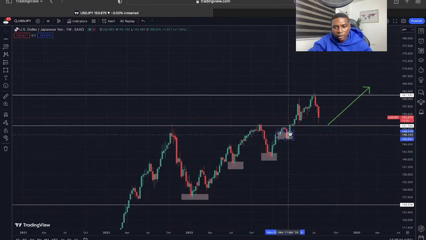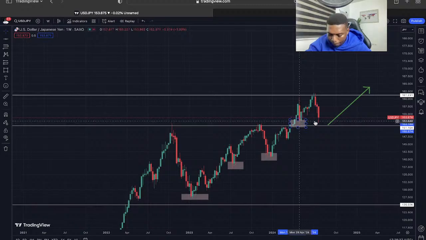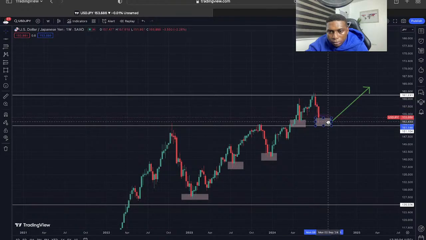Then we can see another retracement here, and then we can see another retracement here.